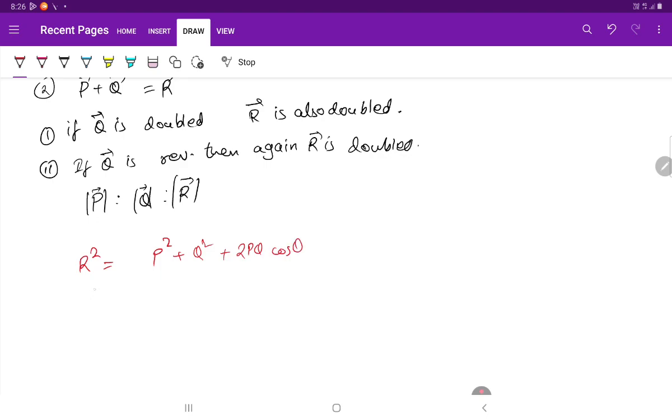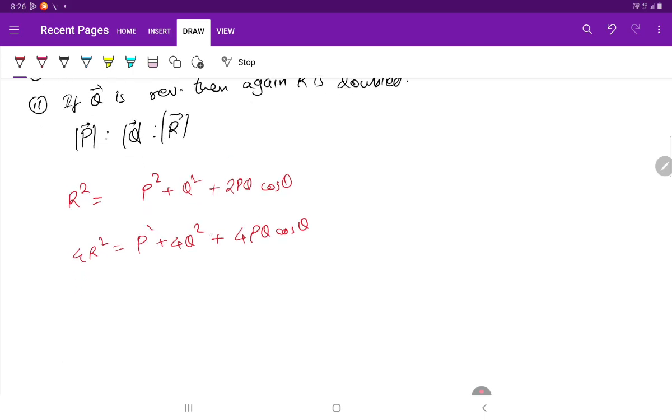Now when Q is doubled, R is also doubled, so you'll get P square plus 4Q square plus 4PQ cos theta is equal to 4R square. Now Q is reversed, so in the second case Q is substituted by minus Q. Just put it and you'll get 4R square is equal to P square plus Q square minus 2PQ cos theta.